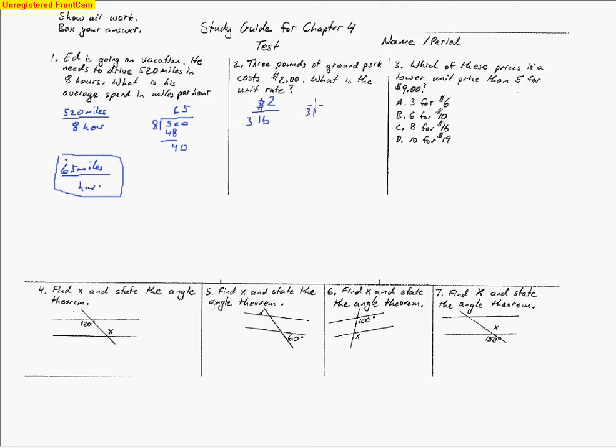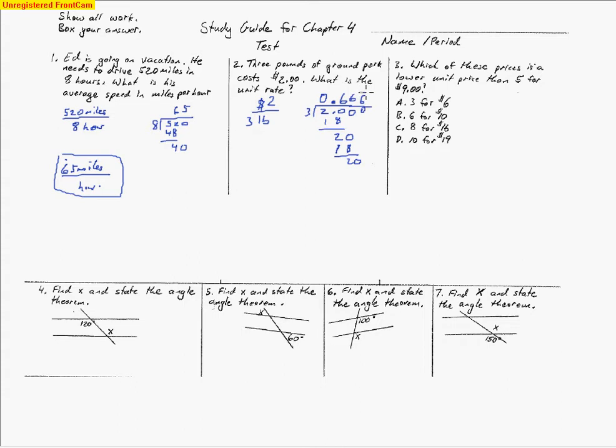And so I'll set up the problem, 3 into 2. And 3 does not go into 2, so that's the dollar spot. So I know I have $0, but let's see how many cents I have. So 6 times 3 makes 18. And that leaves me with 2 again. So notice how I'm getting that 6 to repeat. Now, since I'm dealing in dollars and cents, I'm going to go one more space over. The reason I do that is because I want to round to the nearest cent in this case.